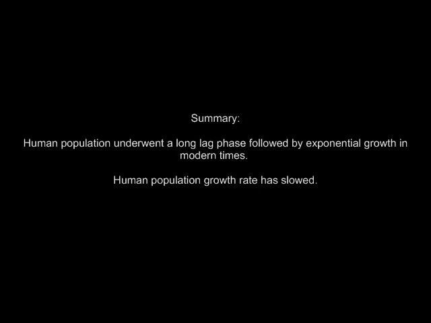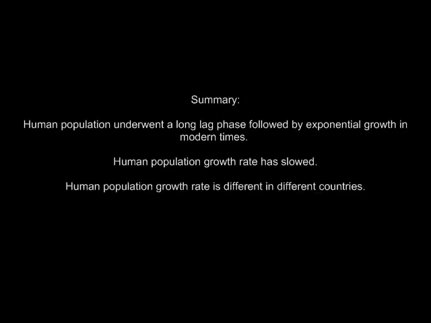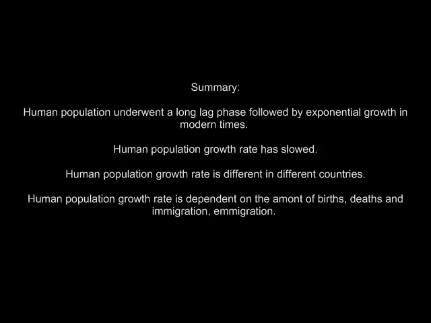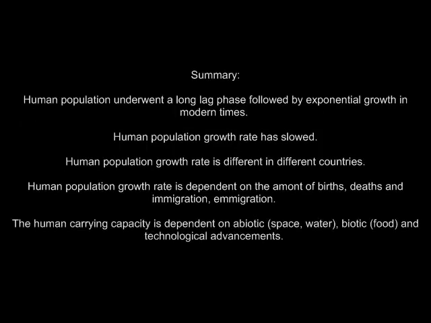We discussed the change in human population, where at the industrial age our human population is exponentially growing. Although we're exponentially growing, our growth rate has declined due to family planning. Human population growth rate is different in different countries, and that is dependent upon births, deaths, immigration, and emigration. And the human carrying capacity is dependent upon abiotic, biotic, and technological factors.